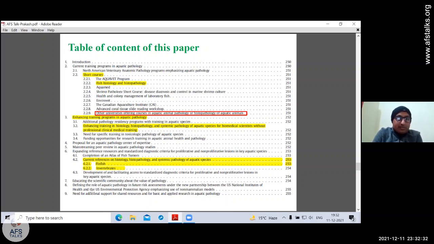The histology and histopathology courses are offered by some of the institutes in the US. The universities or institutes are highlighted in yellow. This is very useful information that I want to share with students who are interested in studying histology or histopathology.